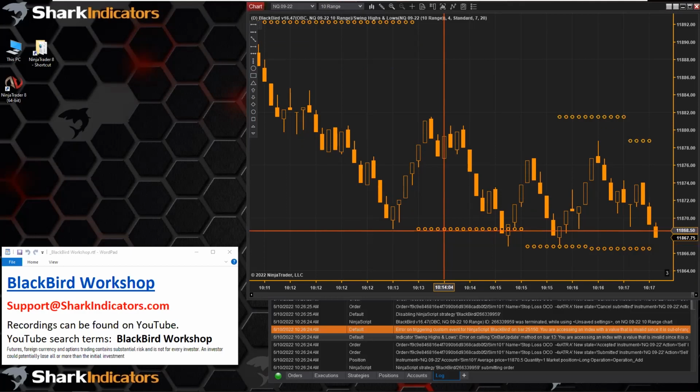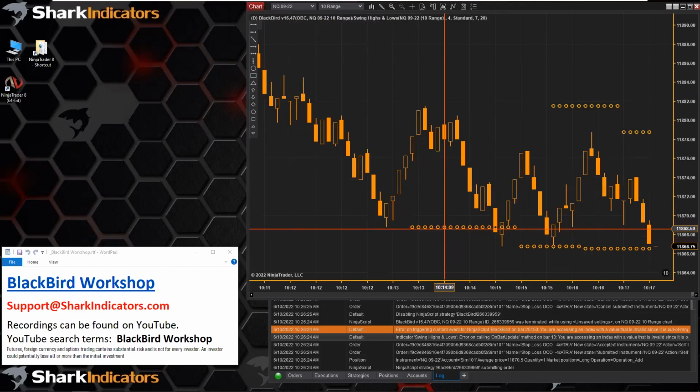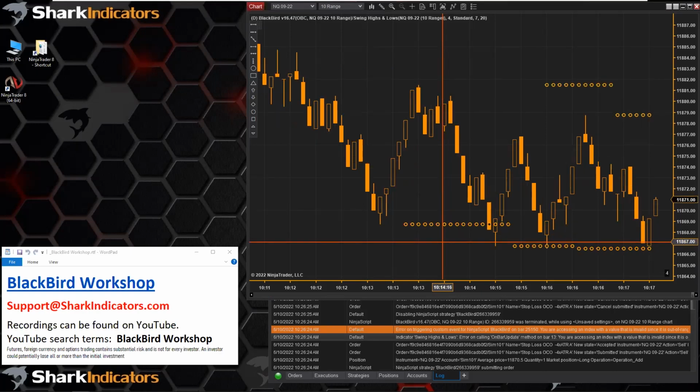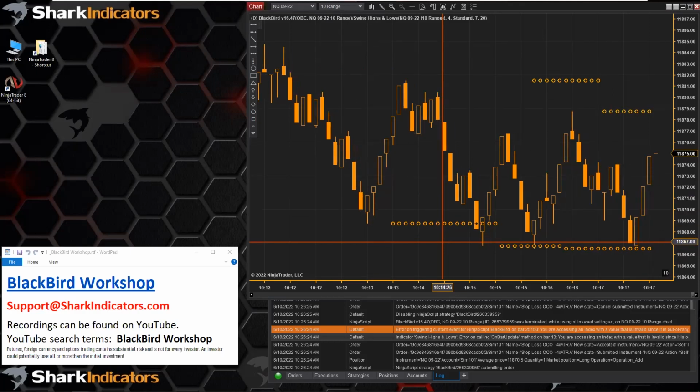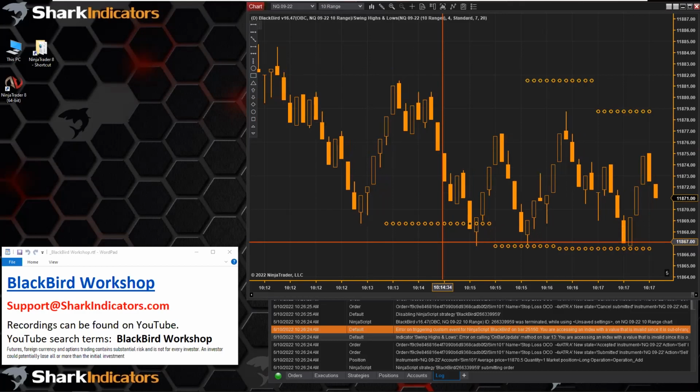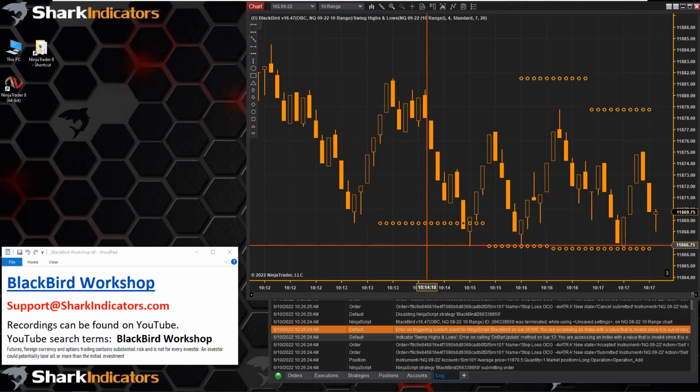The swing highs and lows is built on the back of the swing trend indicator, so the swing highs and lows also has an issue now too. And I did not update my shark indicators. Yeah, we do have a patch out for this issue, but I don't have it installed.